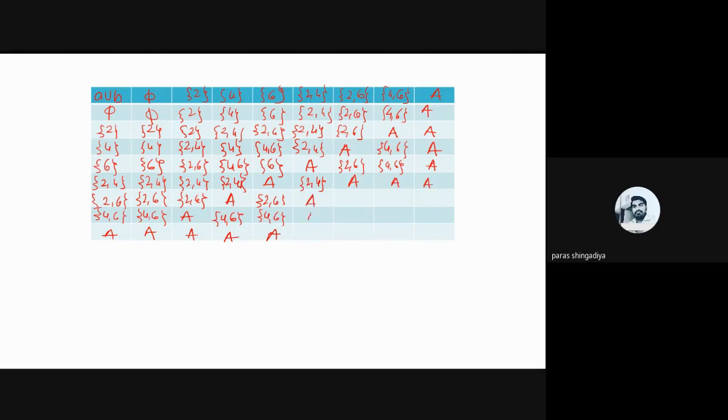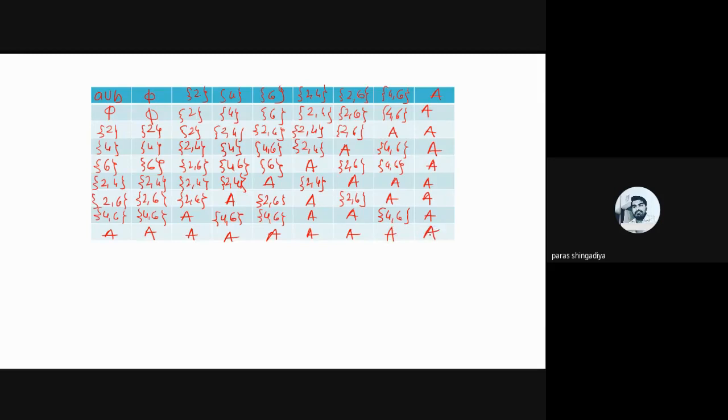So write down here A, capital A and capital A. And now 2 6 with 2 6, the answer is 2 6. 2 6 with 4 6, the answer is A, and write down capital A here. Okay, and now 4 6 with 4 6, the answer is 4 6, that is capital A, and A union A is A itself.